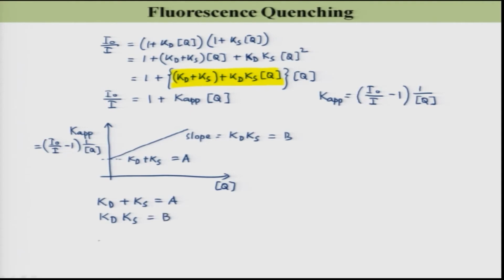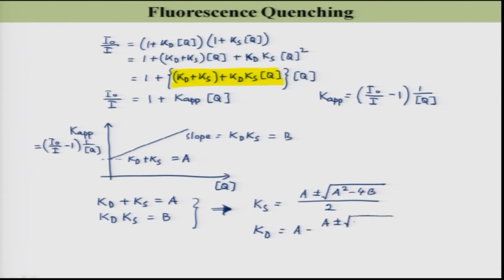Then we can do some simple rearrangement, and we will get Ks is equal to A plus minus root over A square minus 4B divided by 2.